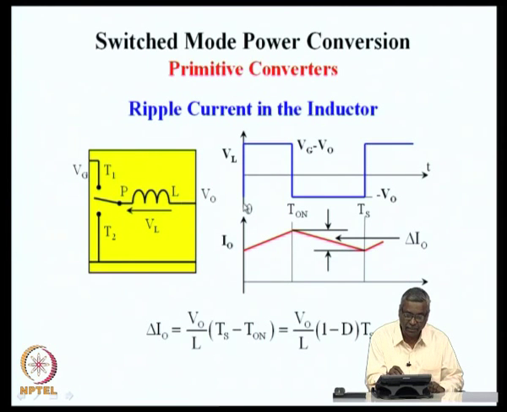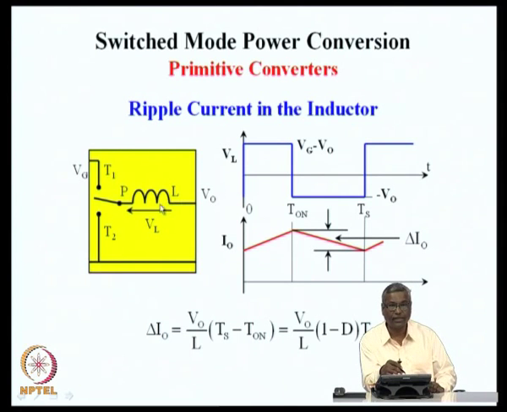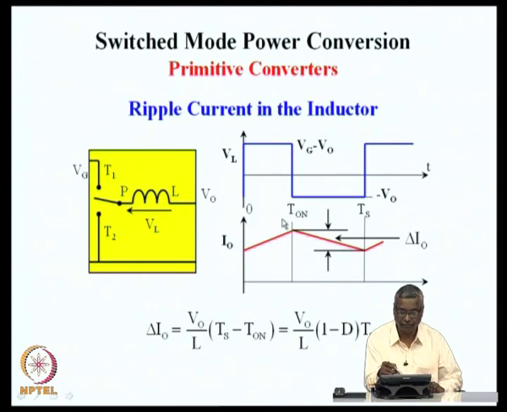During the on period, current will keep increasing at a rate decided by Vg minus V naught divided by the value of the inductance, because L di by dt is voltage, and so the current during this interval will be the integral of the voltage across the inductor divided by L.